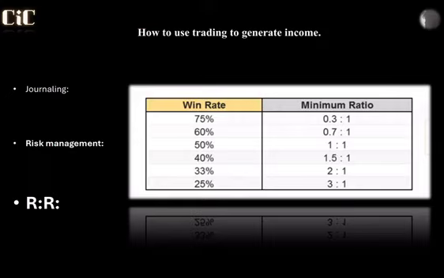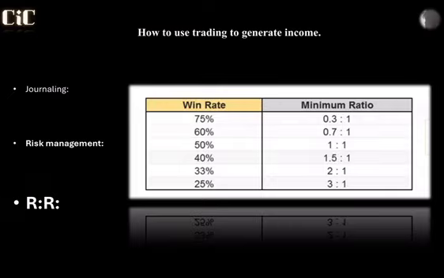Account after account after account. Until when? Until when do you plan on blowing away accounts? Until when do you plan on, in exchange for a dopamine rush, literally burning your hard-earned money? Just burning it away. Not even a casino, stuck at home in front of your screen.